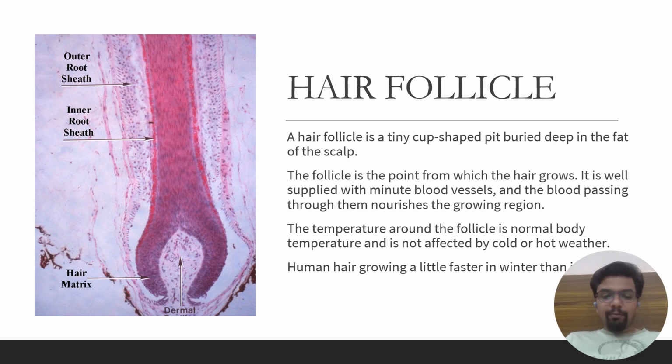It is well supplied with minute blood vessels, which we can call dermal papillae, and the blood passing through them nourishes the growing region. The temperature around the follicle is normal body temperature and is not affected by cold or hot weather. And one fun fact is human hair growth can actually be a little faster in winter than in summer.